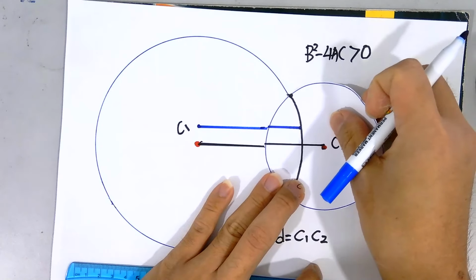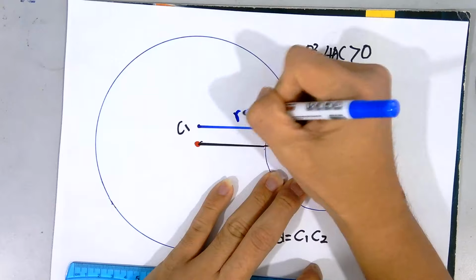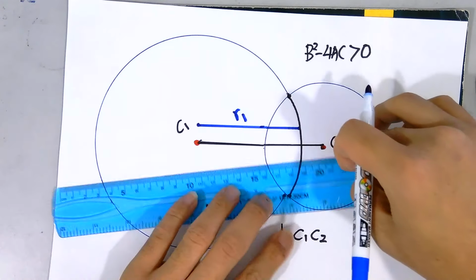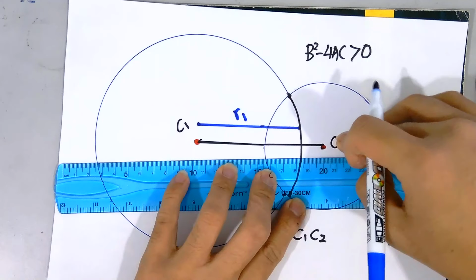So this is the radius of the first circle, and the radius of the second circle will be this one.